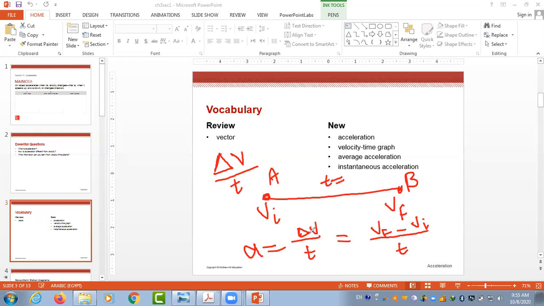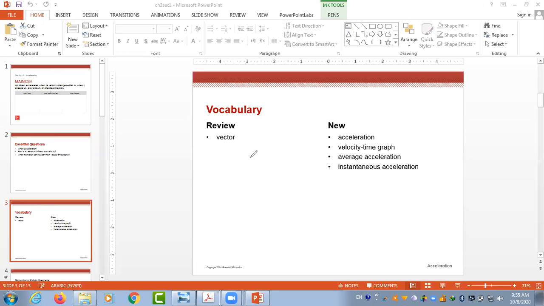Also a change in velocity is final velocity minus the initial velocity, and this change happens during a time interval. So in general, what is the law of acceleration? Acceleration equals change in velocity, Vf minus Vi, over time.